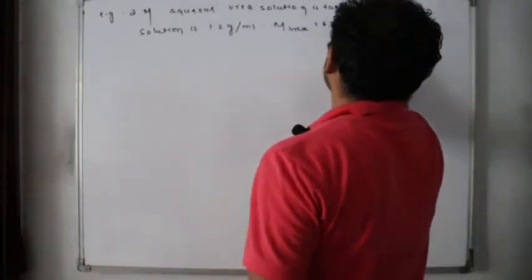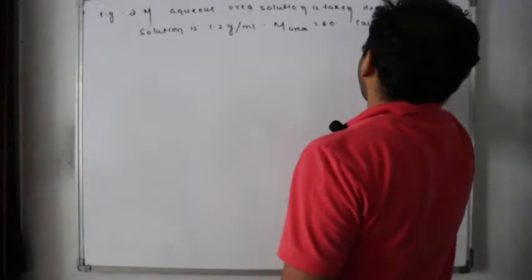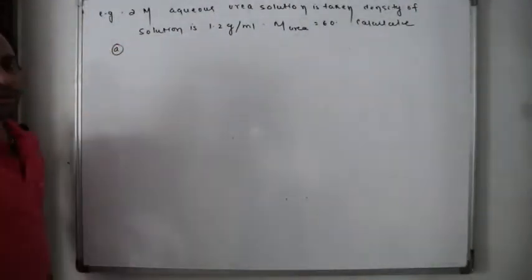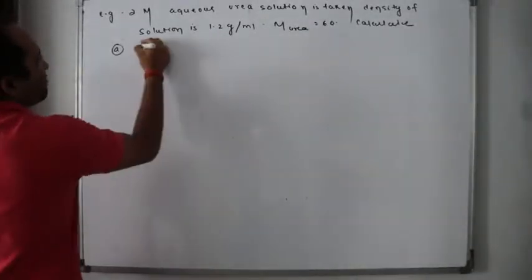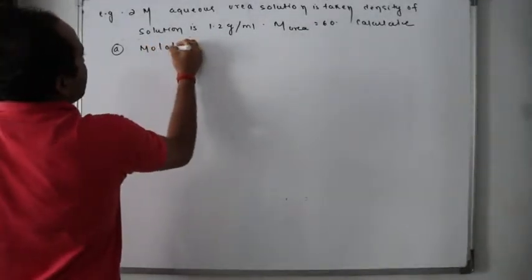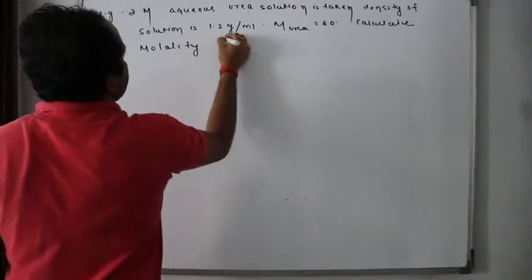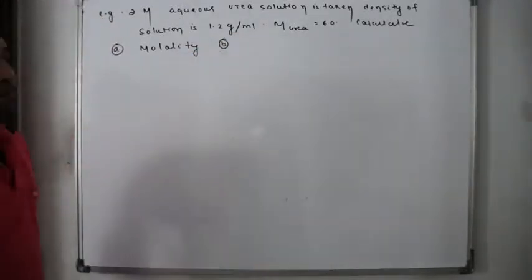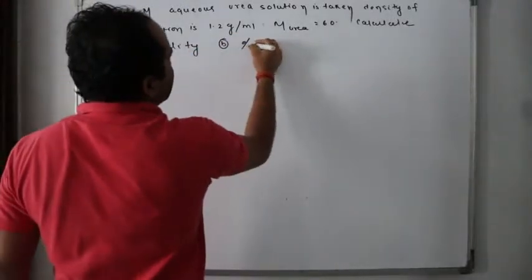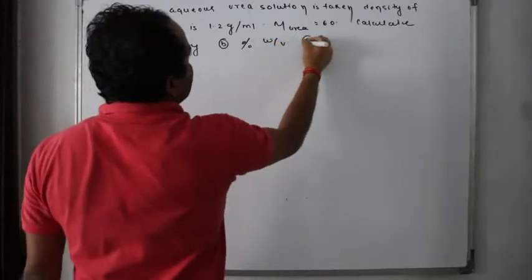Now the question is, calculate. First option, calculate the molality. Next, calculate percentage weight by volume.